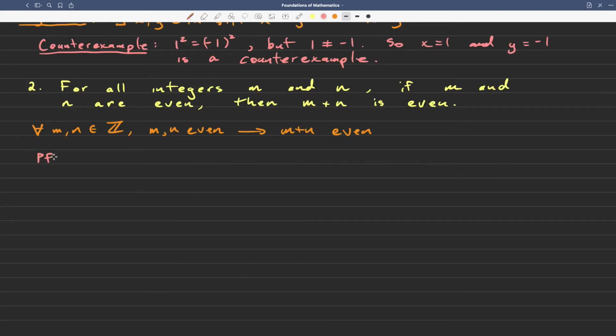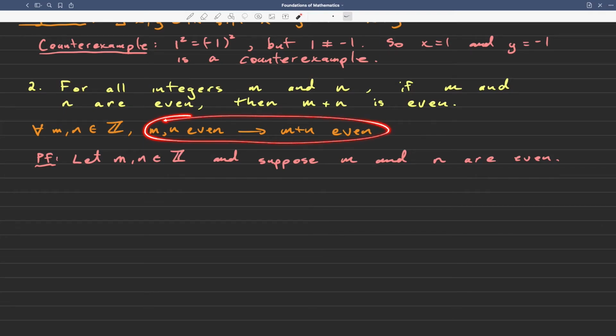So proof. Since it's a for all statement, we start with 2 arbitrary elements in that domain of discourse. So we're going to say let m and n be 2 arbitrary elements of the integers. And then we'll suppose that the hypothesis of the conditional statement is true. So suppose m and n are even. Now we've assumed the hypothesis is true, and we want to argue that the conclusion follows as a consequence of our hypothesis.